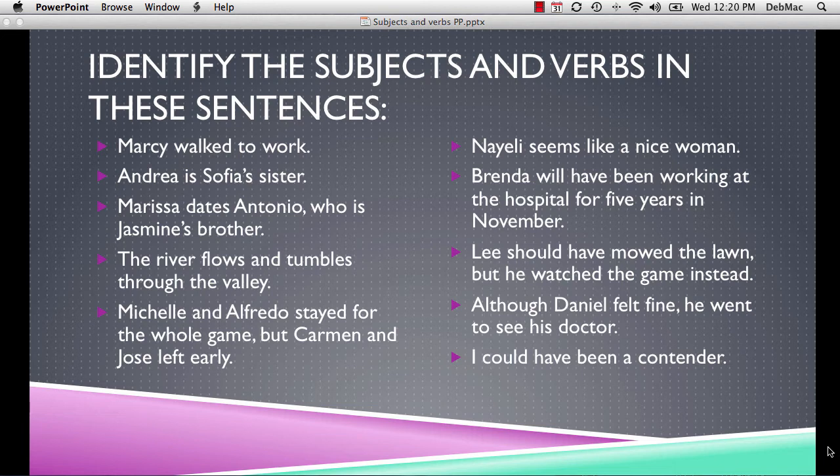We've already identified that in the next sentence, Andrea is Sophia's sister, the verb is. So we ask ourselves, who or what is, and the answer is Andrea. So Andrea is the subject and is is the verb. Next, we've already identified dates and is as verbs.